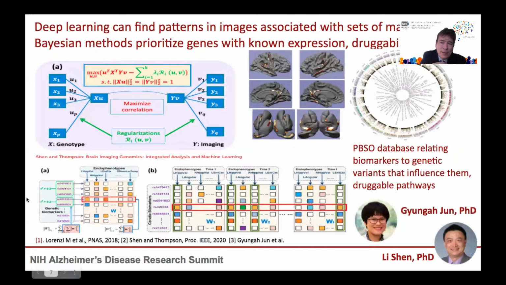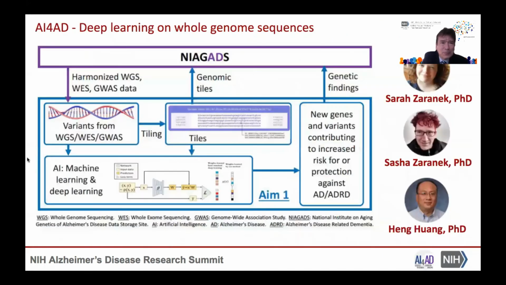And work by Li Shen in our AI4AD project and Gyunga Chun, who's an expert in drug repurposing, they're trying to find combinations of markers in the genomes and also combinations of systems in brain images that are maximally associated, screening all of this data to prioritize genetic markers that are druggable, lie in druggable pathways, and are easier to understand based on a whole host of bioinformatics data that is being assembled in Gyunga Chun's PSBO system.